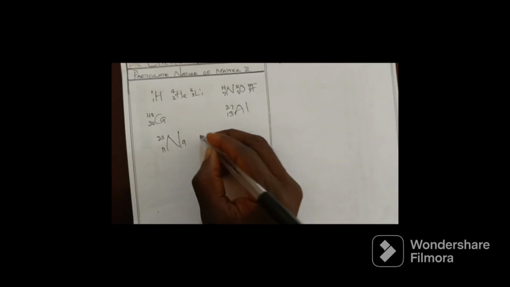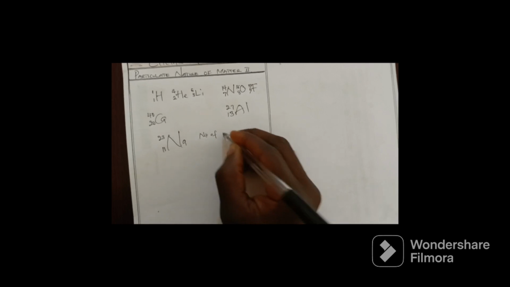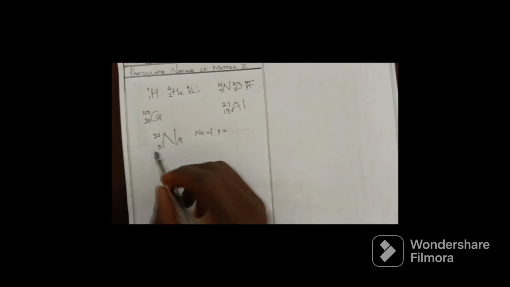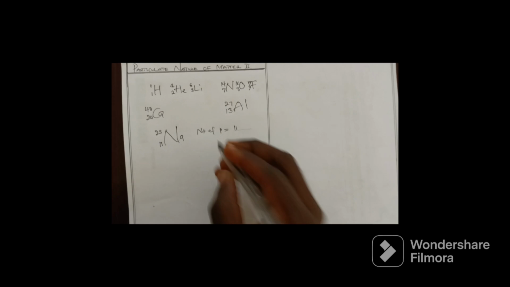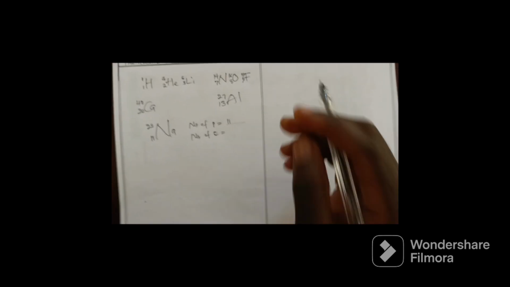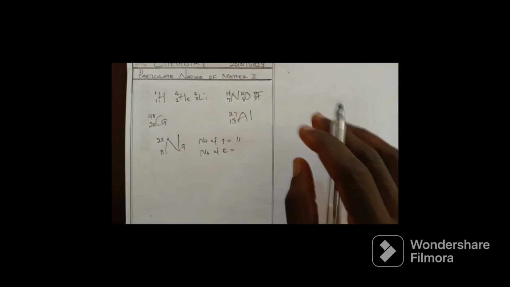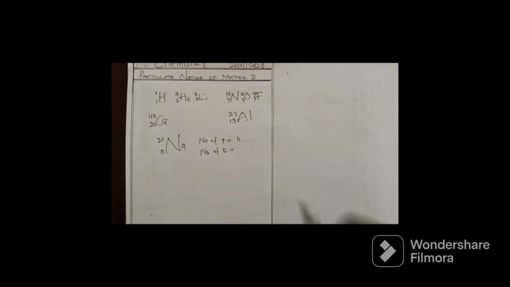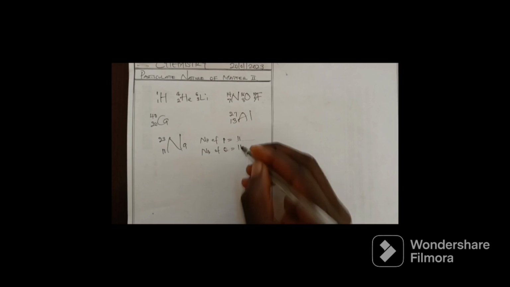That will be 23. So the number of protons, which is P, is the atomic number, that gives us 11. The number of electrons, being a neutral atom, all atoms have the same number of protons and electrons, that will be what? 11.